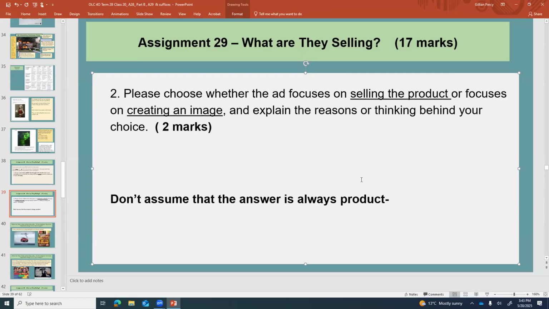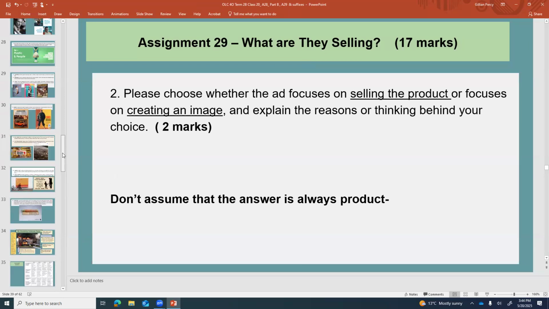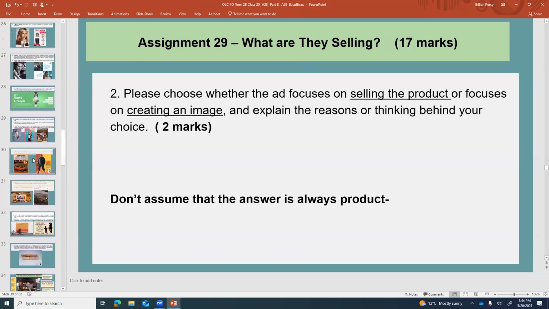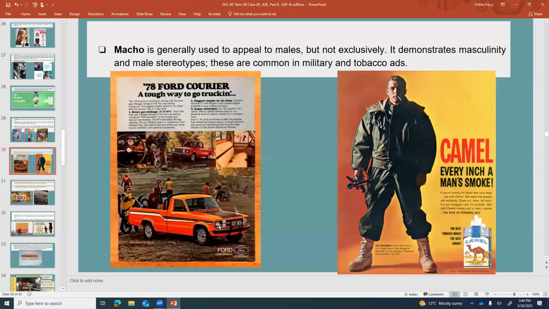They're trying to sell you an image, like, ooh, this is sexy. Ooh, this is tough. Ooh, this will make you beautiful, right? So if we're just looking back, hang on a sec. So here, they're showing you a picture of the truck. They are trying to sell the product for sure, okay?